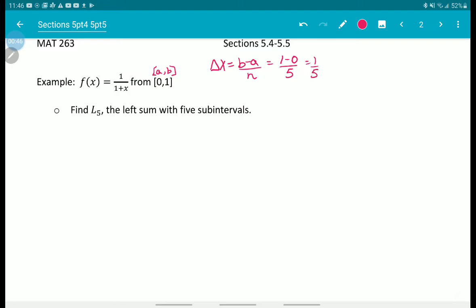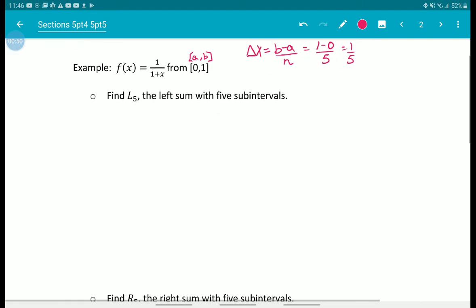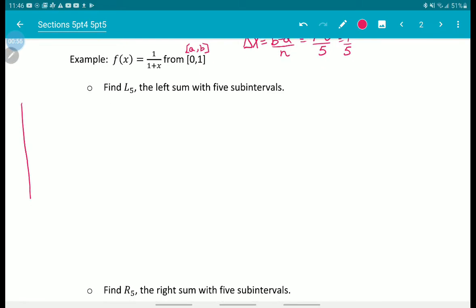Okay, then it helps to have a picture of what the graph is going to look like. So if I graph 1 over 1 plus x, I've got another rational function here. It crosses the y-axis at 1, so think about this as a zoomed in picture.